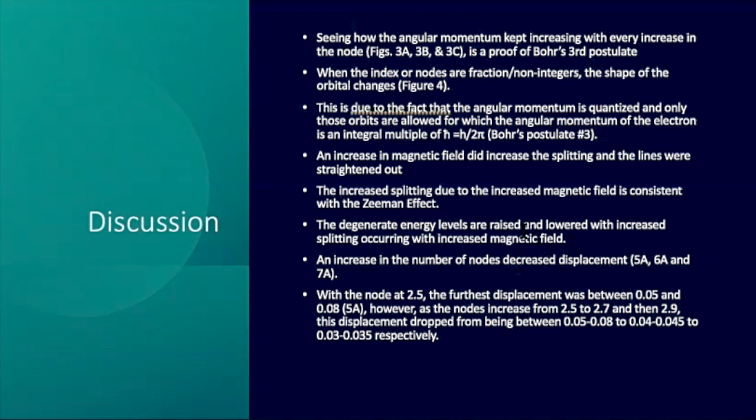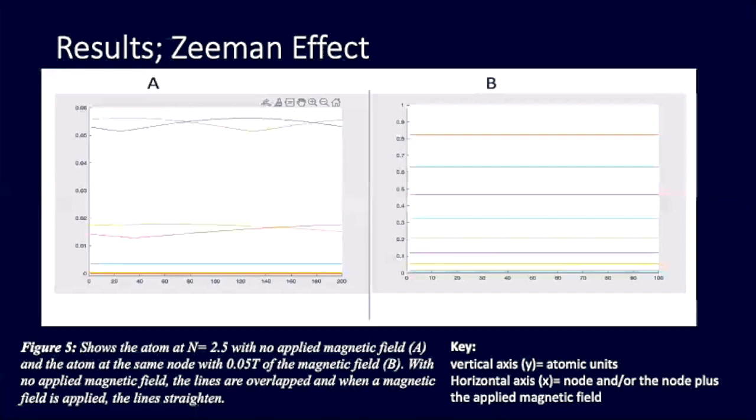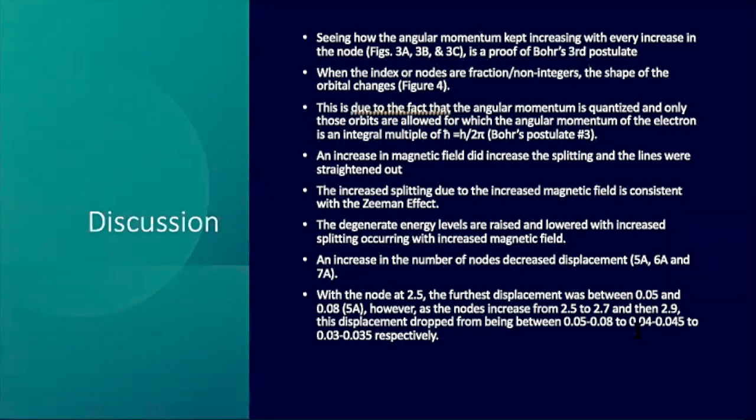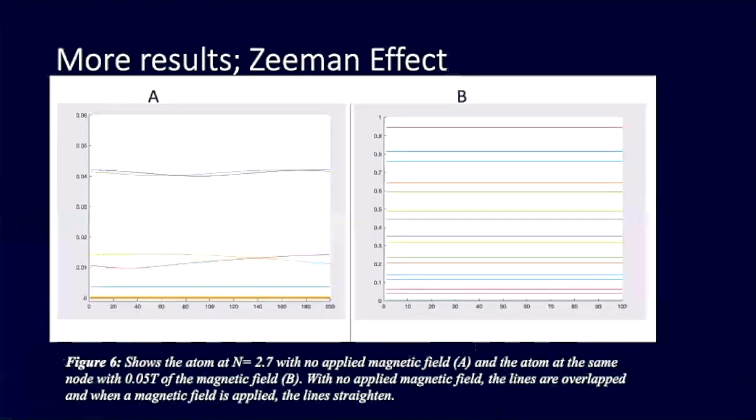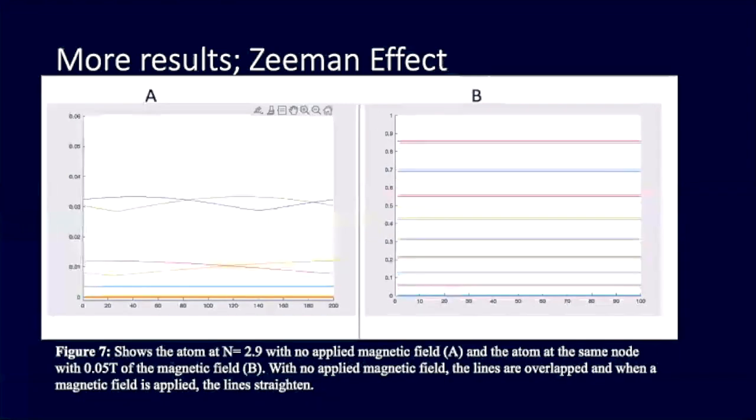Again, the degenerate levels are raised and lowered, like I said before. An increase in the number of nodes decreased displacement. With the nodes at 2.5, that was what I was trying to explain here. The furthest displacement was up there, and then it just kept decreasing with an increase in the number of nodes.